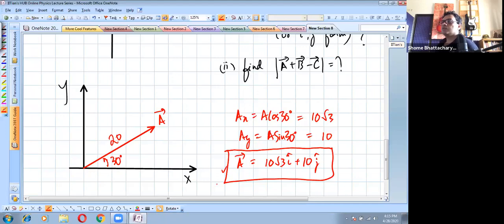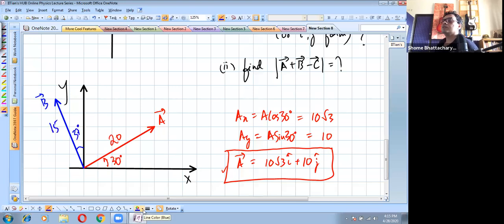Okay. Now in the same diagram, let me quickly show you the vector B also. It's again comparatively easy. The vector B is, let's say, something like this. It's not exactly perpendicular. This whole angle will be a little more than 90, and its magnitude is given as 25.